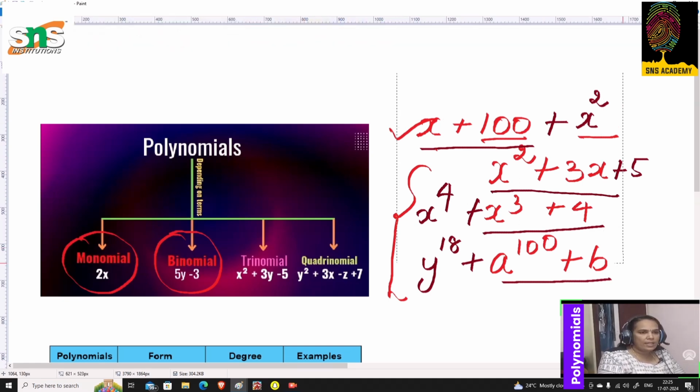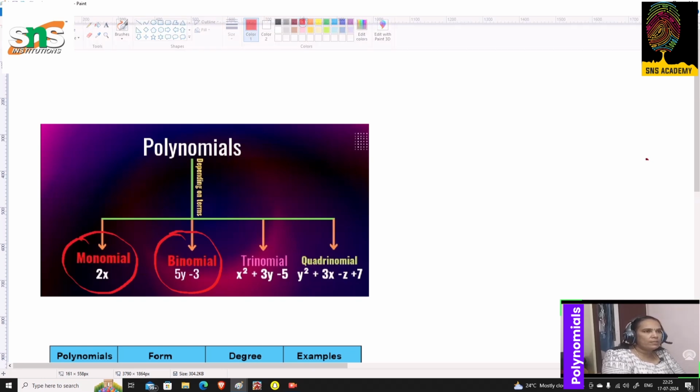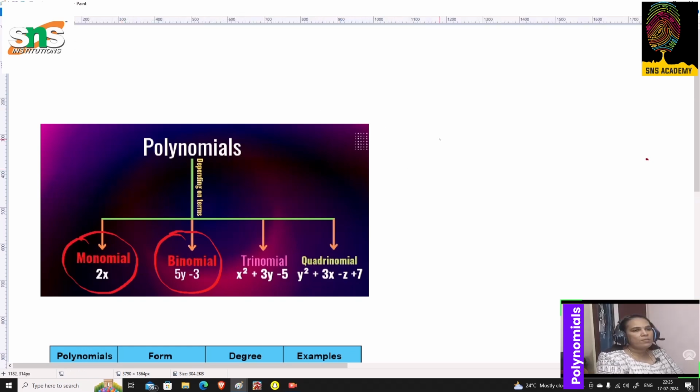From this we understand, in an algebraic expression, one term means a monomial, 2 terms mean a binomial, 3 terms mean a trinomial, and quadrinomial means 4 terms.